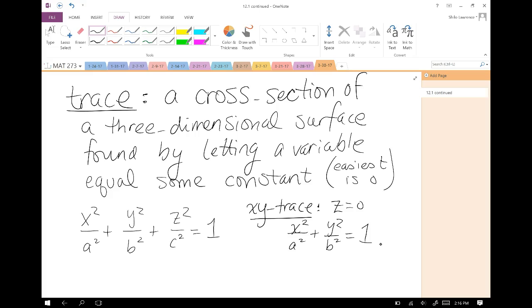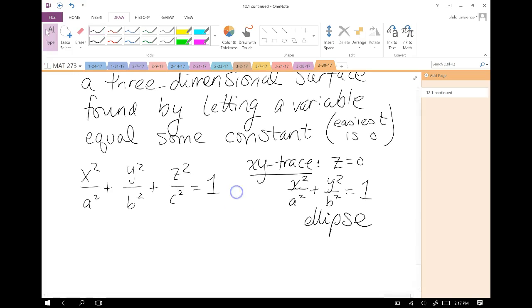Almost an ellipse. If a and b were not the same, it would create an ellipse. So when we slice this thing and we look and see what it looks like in the xy plane, it looks like an ellipse. All right?